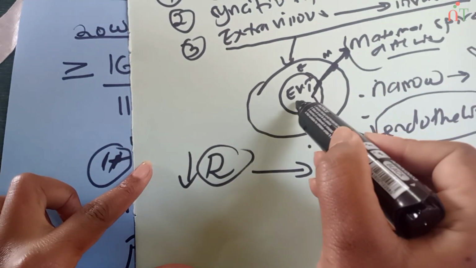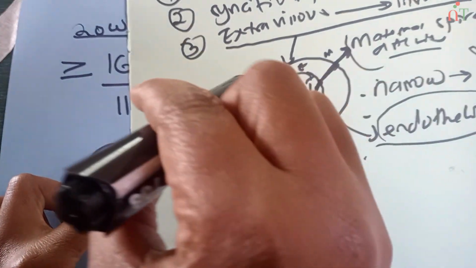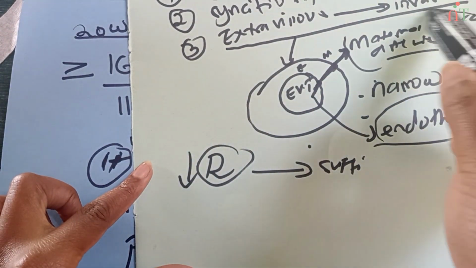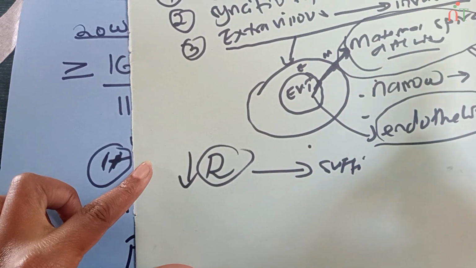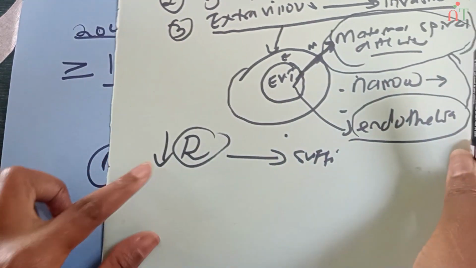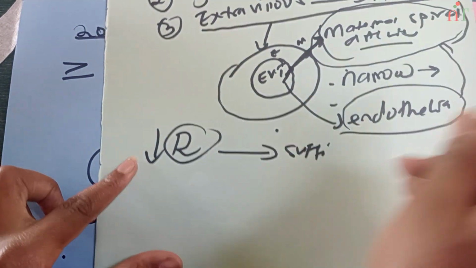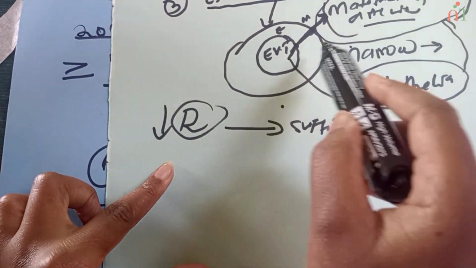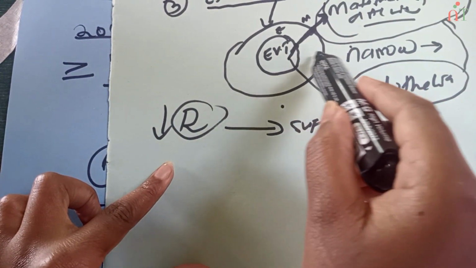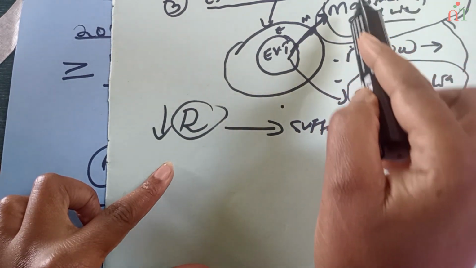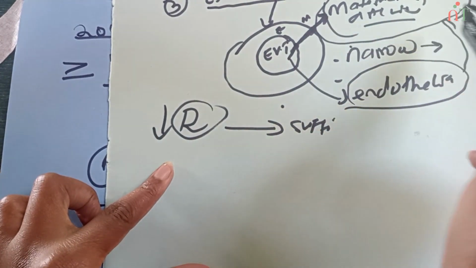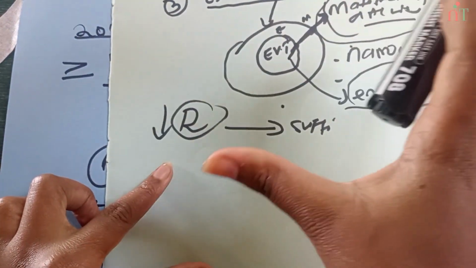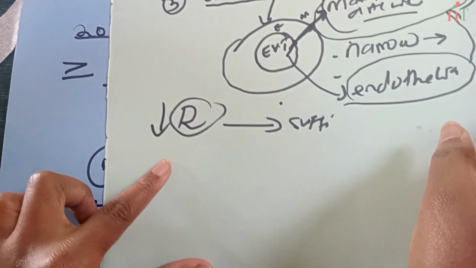So these extravillous trophoblasts should penetrate deep and be able to transform these maternal spiral arteries.